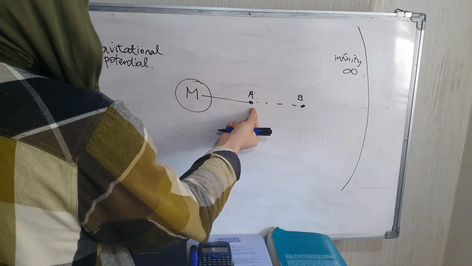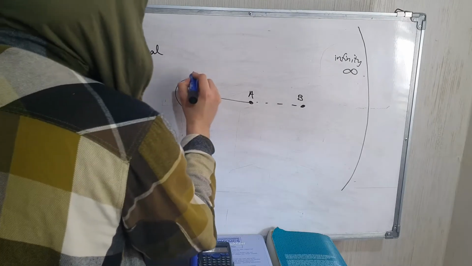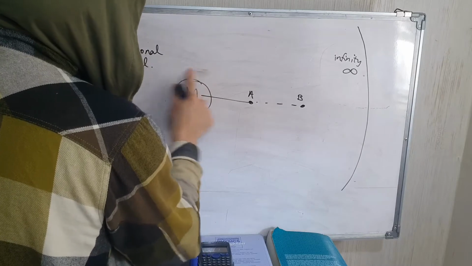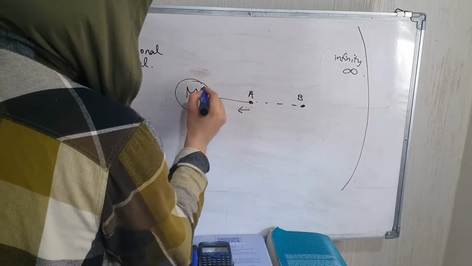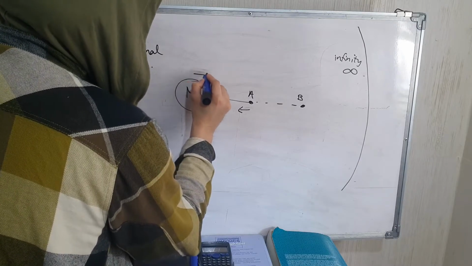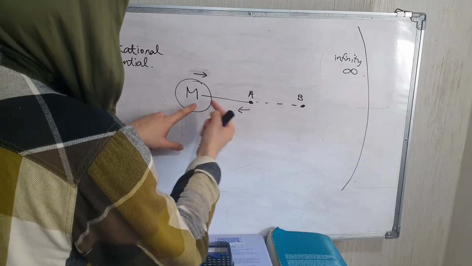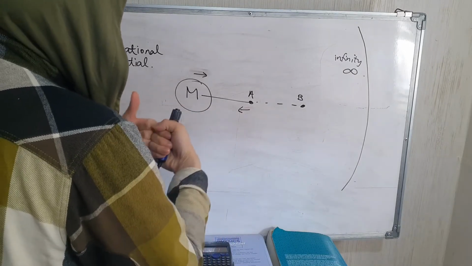If you have an object here and a massive object here, it will experience a gravitational force. So A would go towards M and M would go towards A. However, because M is more massive, A would be more likely to go towards M, but they will still experience the same force.